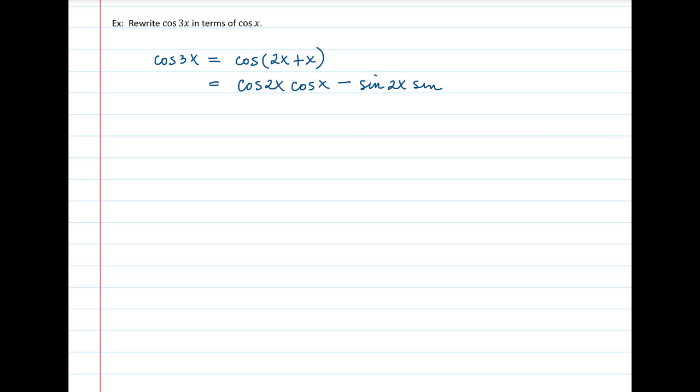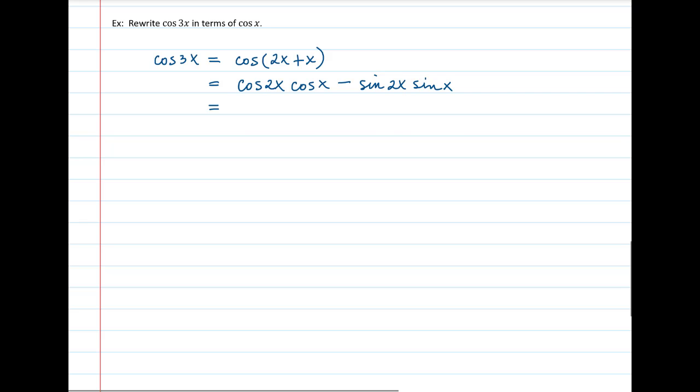All right, so here's another example, and we want to rewrite cosine of 3x in terms of cosine of x. We're going to have to use not only our double angle identities, but also our sum and difference identities. If you think of cosine of 3x as cosine of 2x plus x, I can use my cosine of a sum identity, and within that process, we're going to have to use the double angle identity for cosine.